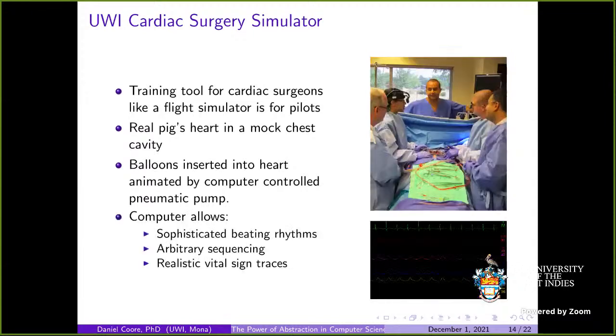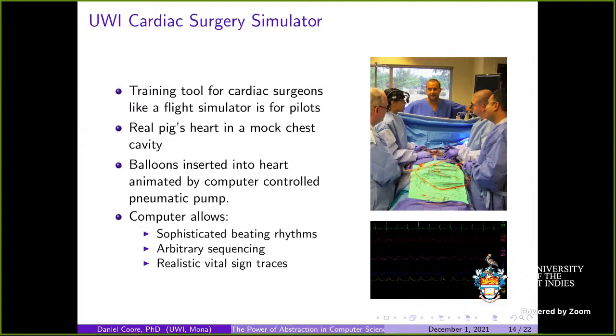The computer also controls an electronic display of vital sign traces which are supposed to represent what that patient would be undergoing, the simulated patient. And of course, because we have a computer controlling a pump, we can provide any kind of beating rhythm that is within the capability of that pump.